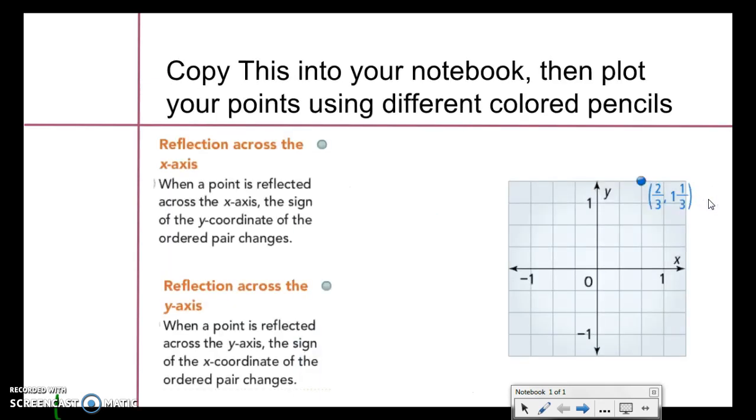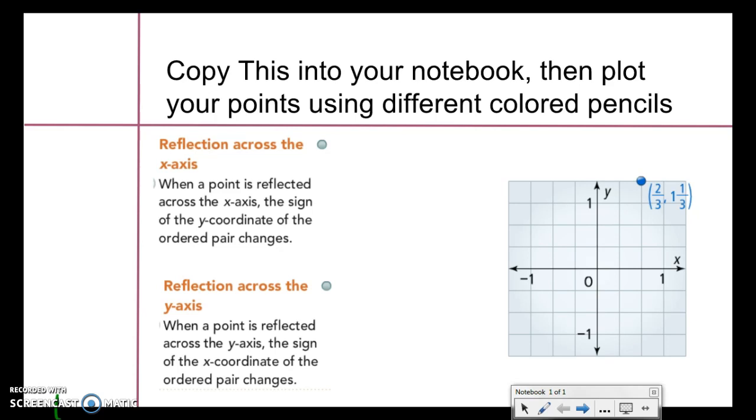No, don't do that. I do want you to copy this into your notebook. So, copy this down and then plot the points using the different color pencil. So, if you're reflecting the point 2, 3, and 1 and 1/3 over the x-axis. When a point is reflected across the x-axis, the sign of the y-coordinate changes.